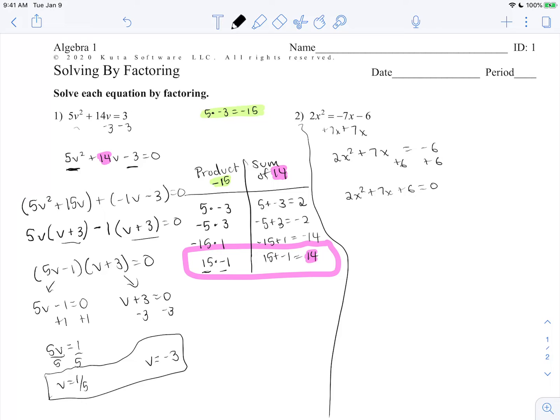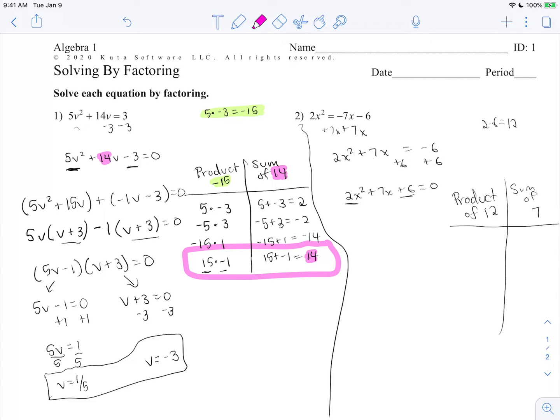Again, no common factor between all three of these terms, so we're going to multiply the 2 and the 6 together. We're looking for the product: 2 times 6 is 12. So we're looking for a product of 12 and a sum of 7.